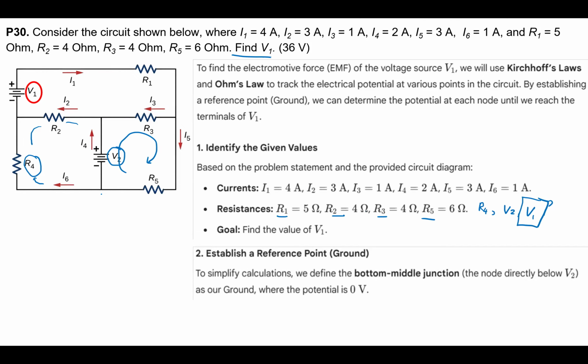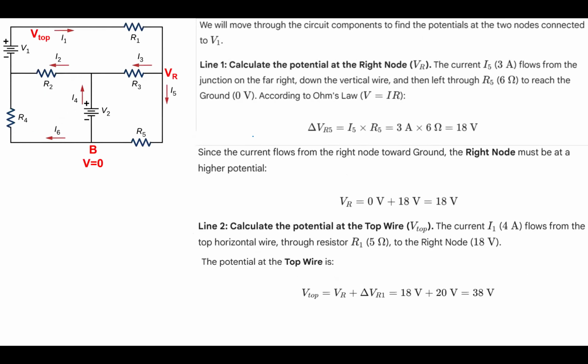Similar to what we have done before, we said this is the voltage 0 point. Okay, and we'll move through the circuit component to find the potential at this V1. Okay. And calculate the potential at the right node, here VR. The current I5 flows from the junction on the line I5, and then is flowing through the R5, okay, to reach the ground zero volt.